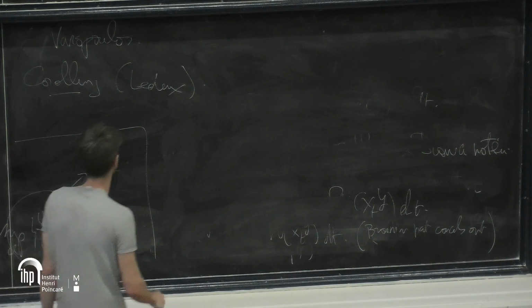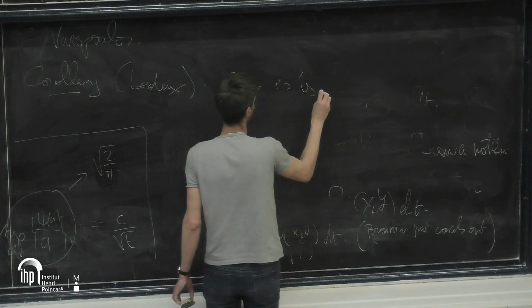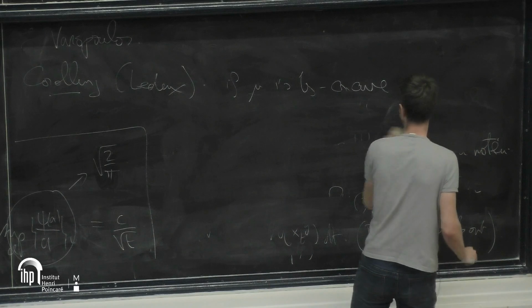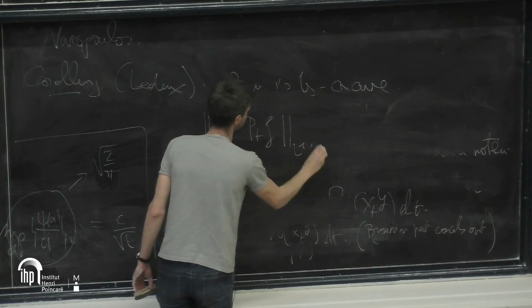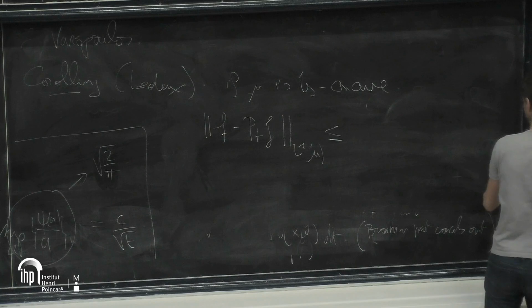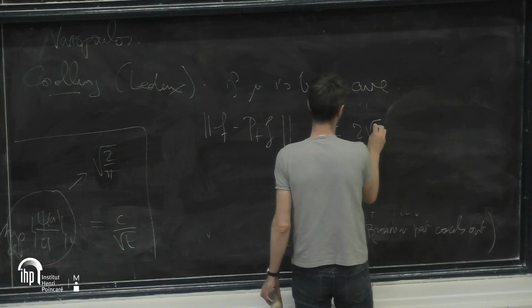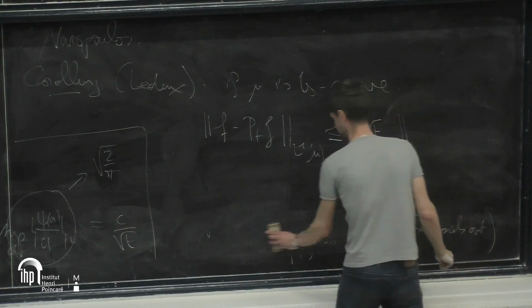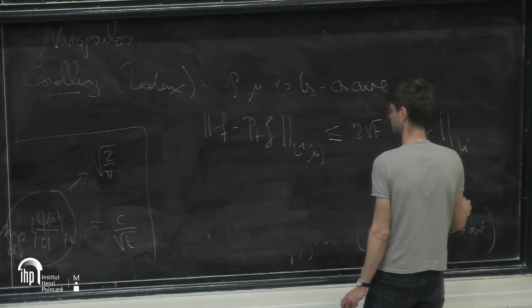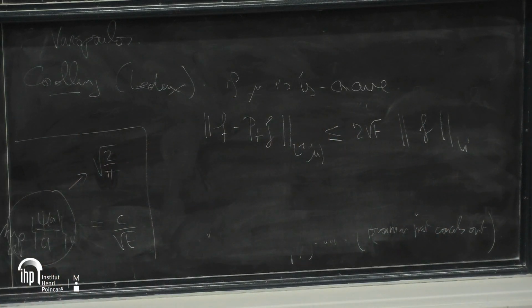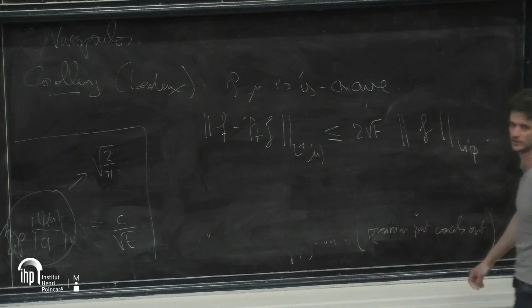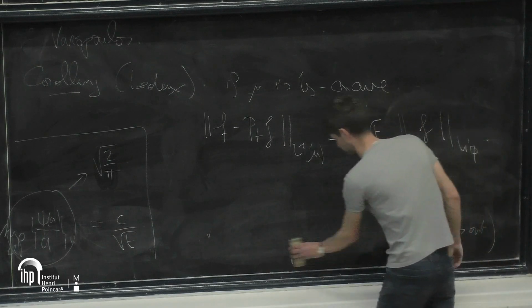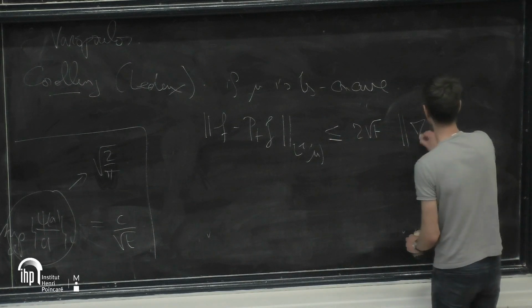When mu is log concave, the L1(mu) norm of f minus P_t f is less than 2 square root 2 times, yeah, the L1 norm of grad f.